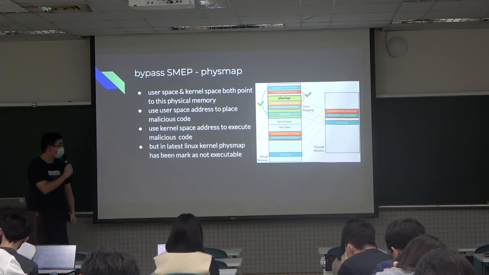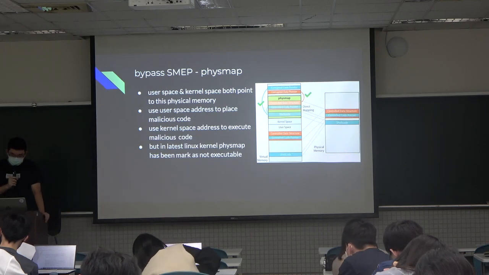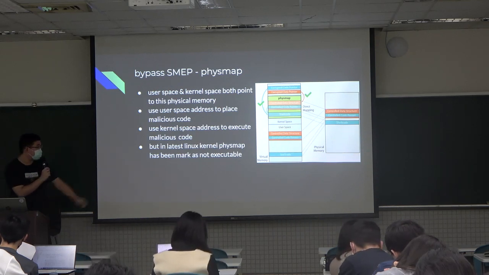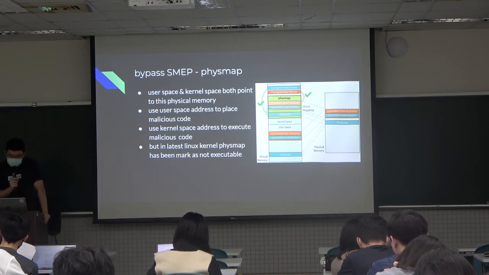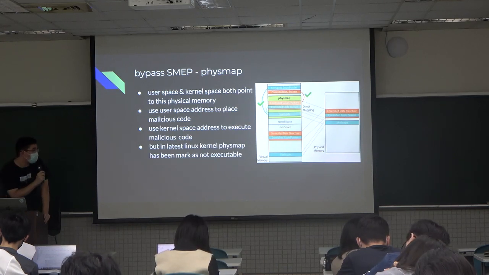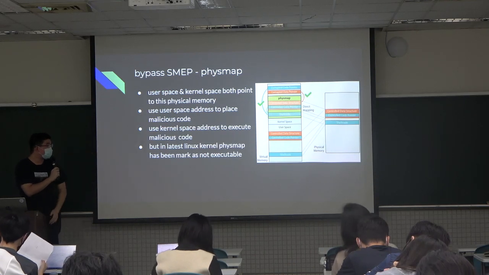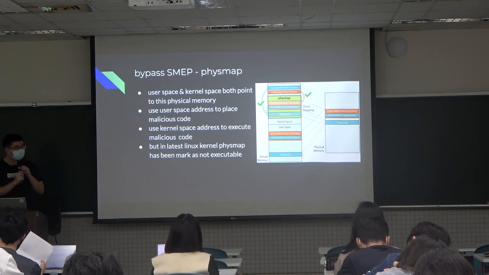But the special thing is it is not only pointed to by kernel space. We can access it by user space address too. So we can use a user space address to put malicious code in this physical memory area, and then use the physmap address in the kernel space to execute this malicious code.